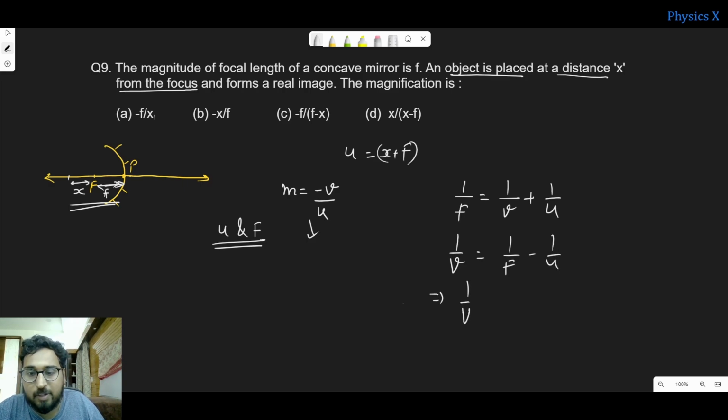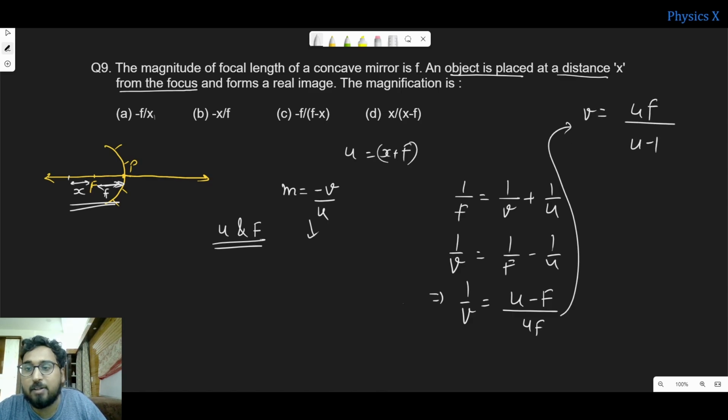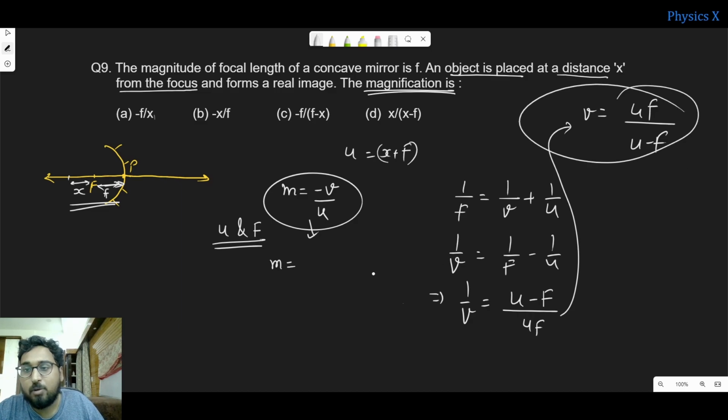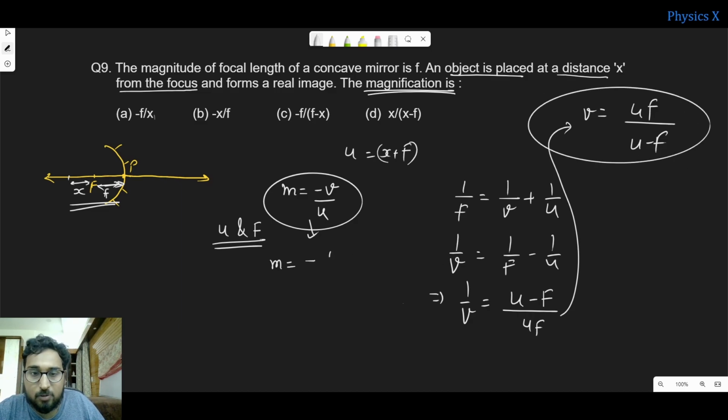So 1 by v is equal to u minus f by uf, or you can write v is equal to uf by u minus f. And he is asking magnification. Magnification is minus v by u. So m is equal to, using this value of v, minus uf upon u minus f, and upon the denominator u.